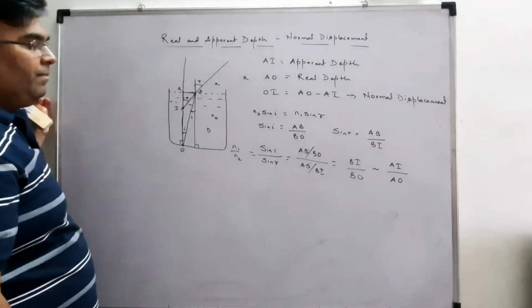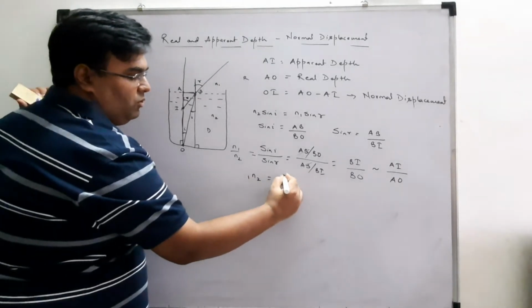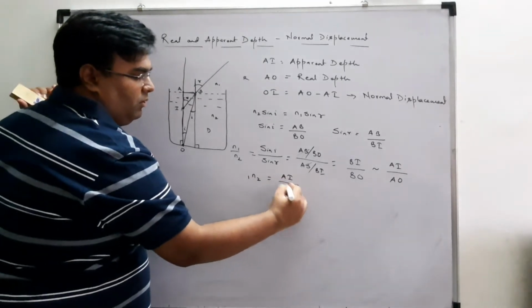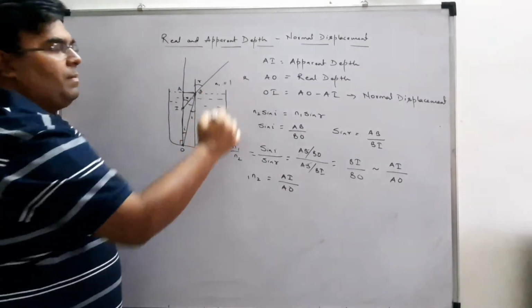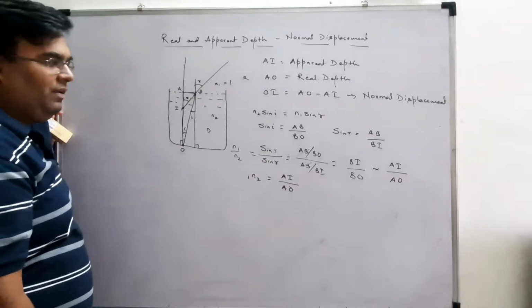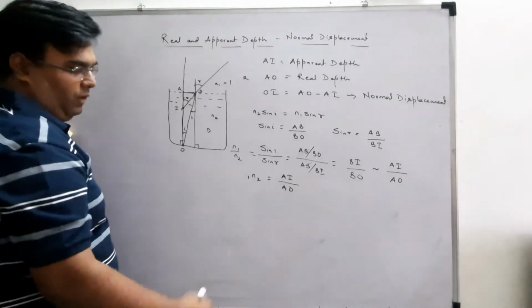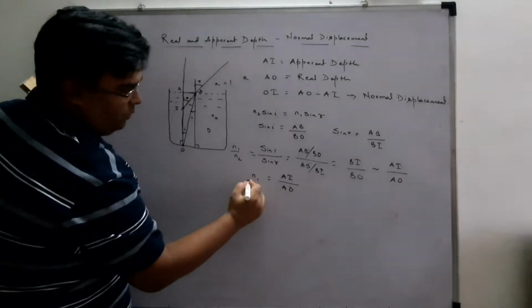So what is this? N1 is 1 if it is air, and N2 is the refractive index of glass. Sorry, it was 1 to here.